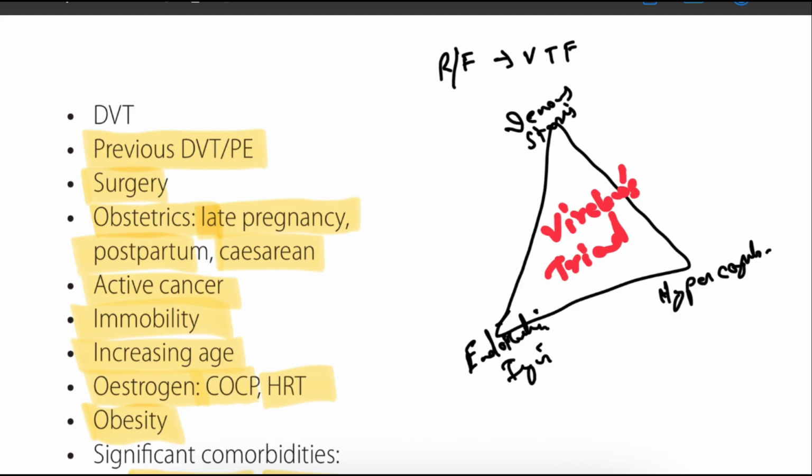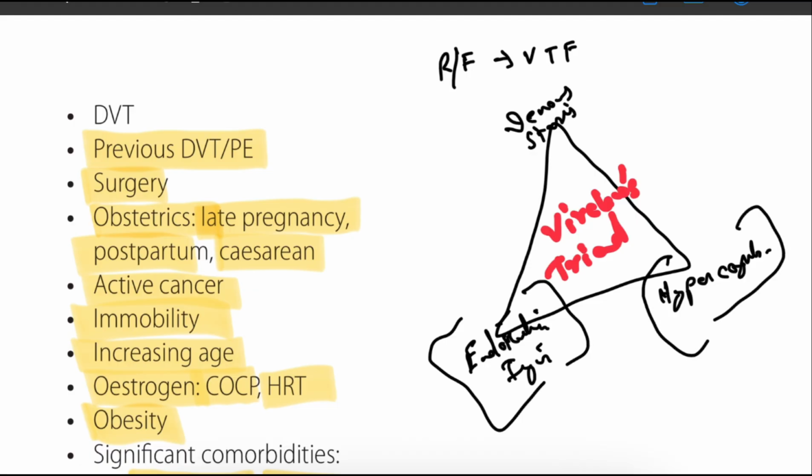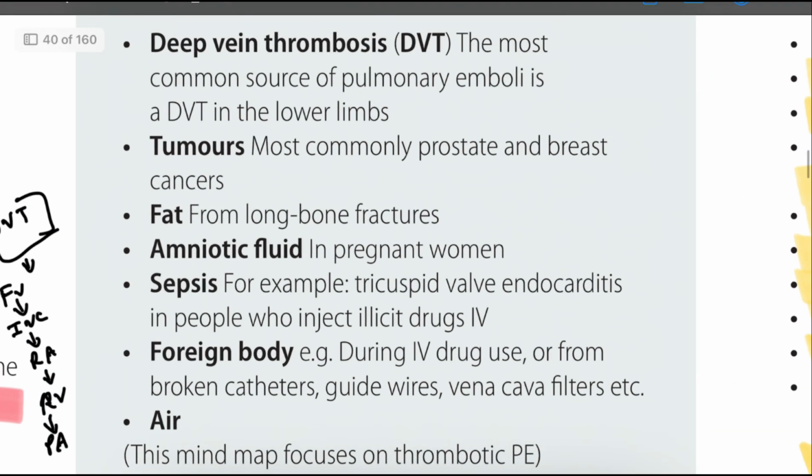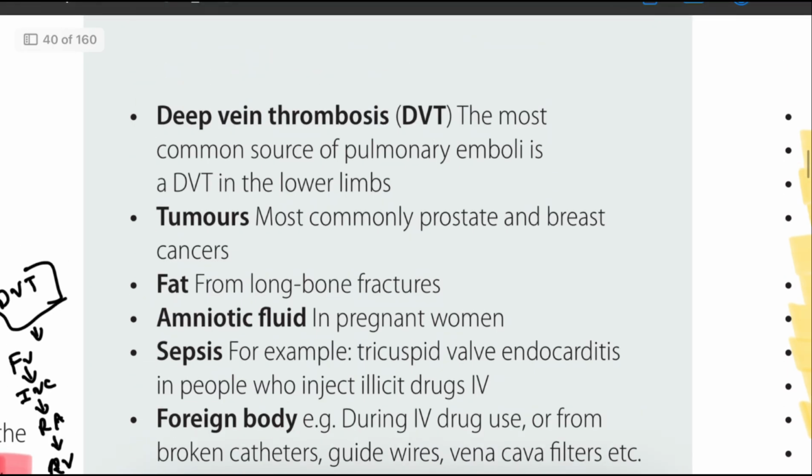That means if the patient has had any recent surgery, the patient will get venous stasis. Next, endothelial injury because of trauma or surgery, and hypercoagulability because of cancer or pregnancy.